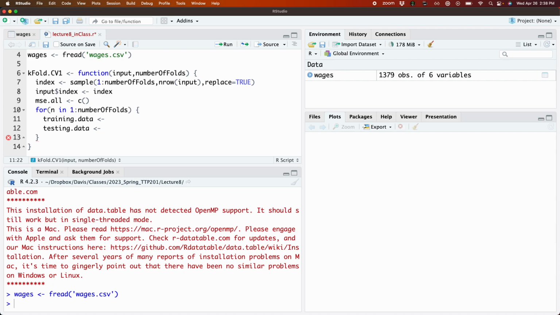Yeah, training data is all the data where the index is not equal to n. Perfect. And then the testing data is where it is equal to n. Yep.